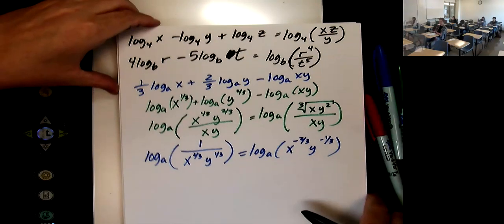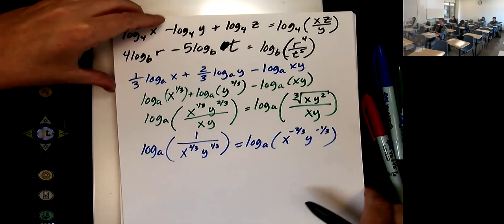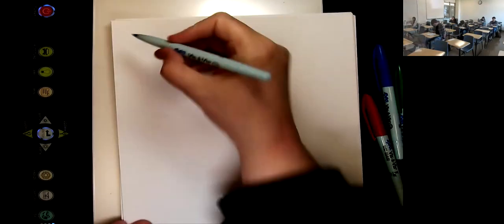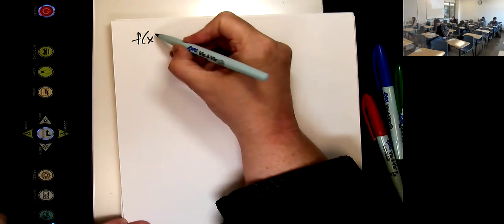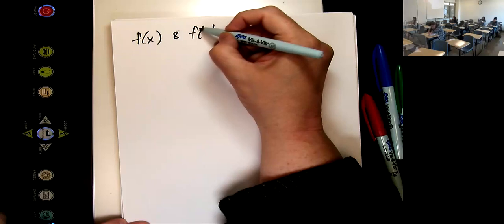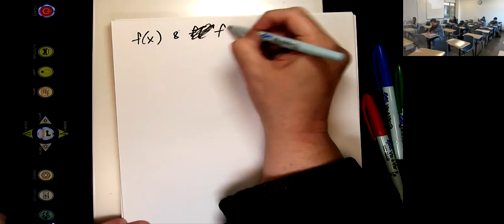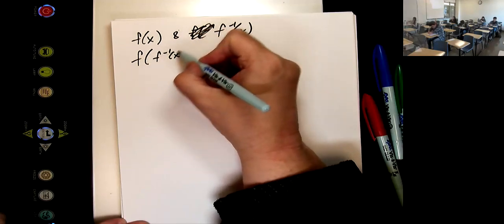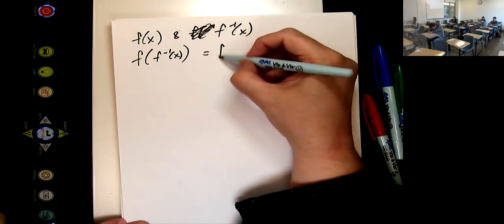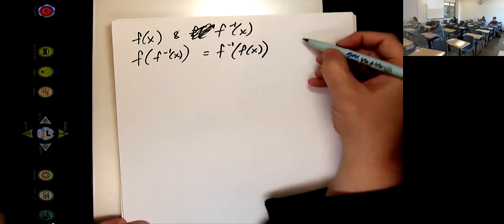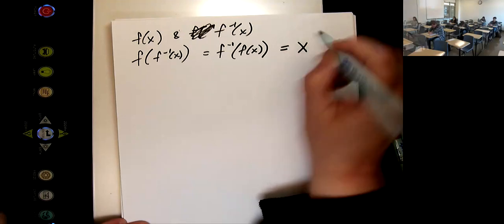A useful thing, and it stems from the rules we had about inverses. Recall if we put one inside the other, or if I put f inside of f of x, or f inverse, both of these end up getting me x.